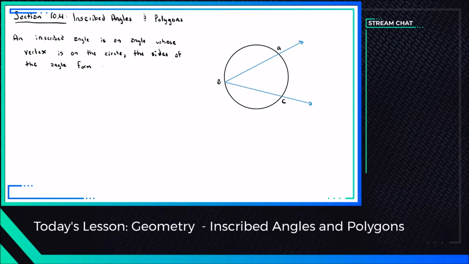And remember, a chord is a segment that goes from edge to edge of the circle. So that is what an inscribed angle is.